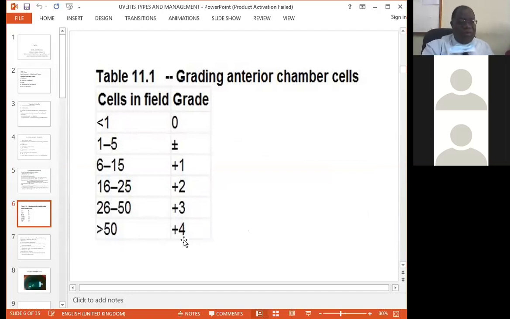You will see this over 50 in a field. It means a lot of cells. So, in other words, you may not be specific that this is 1, this is 2. But you can see that the cells are many, inflammatory cells are many, then it's a higher grade which you give.